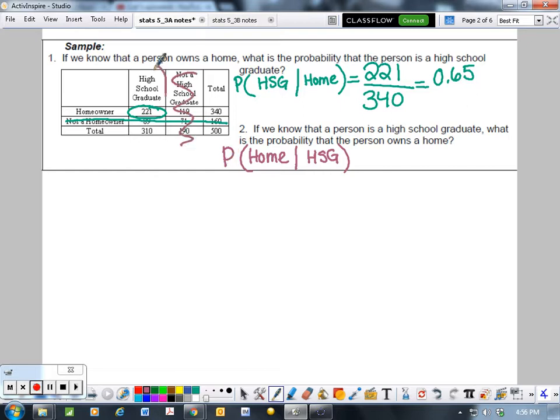I'm only looking at this area here. What's the probability they're a homeowner? So 221 out of the total number of high school graduates. So a little bit higher of a probability.